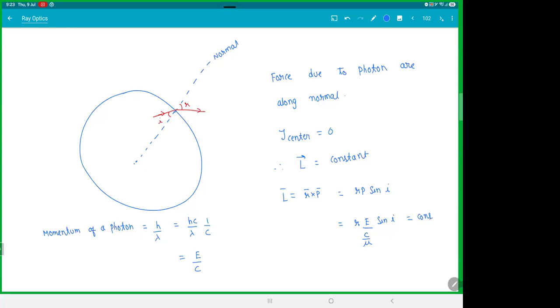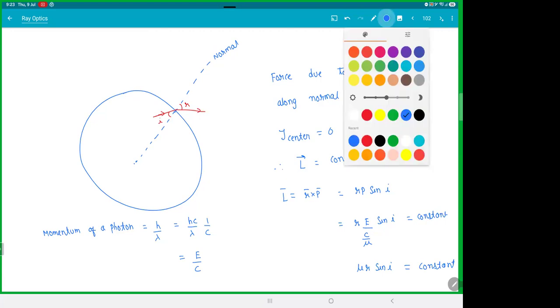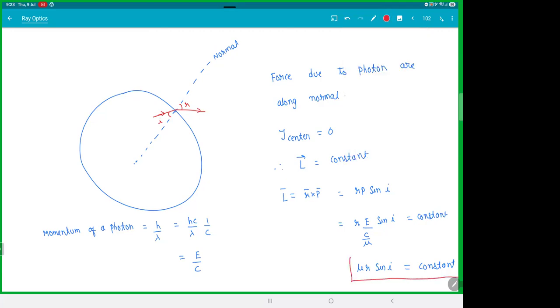Energy of a photon doesn't change because it depends only on the frequency. So mu will go up. You end up with mu into r into sin i. c is also constant. This is the relation: mu r sin i is constant. So when a light ray goes through the radial region, this thing remains constant. It is not mu into sin i anymore. It also depends on the distance r. This is your law of conservation of angular momentum.